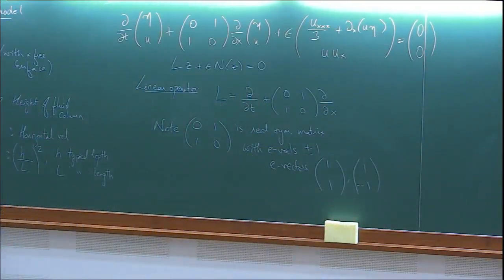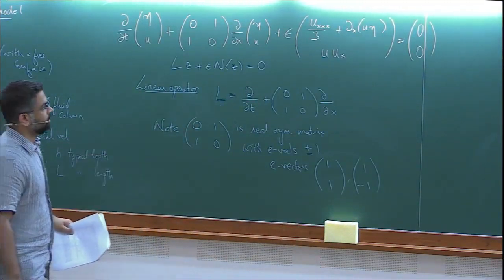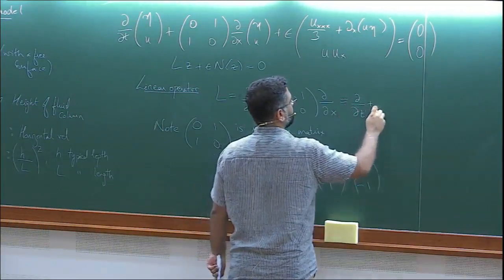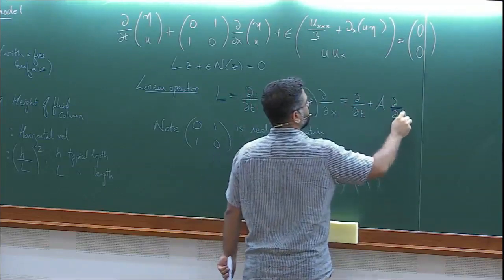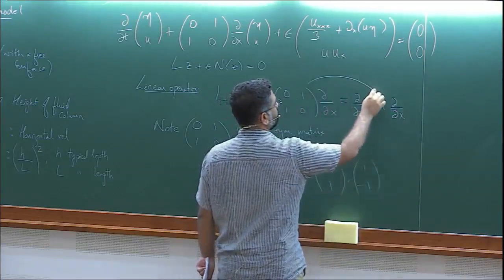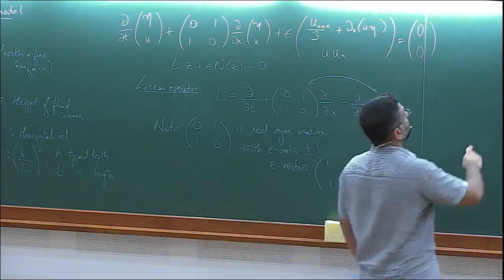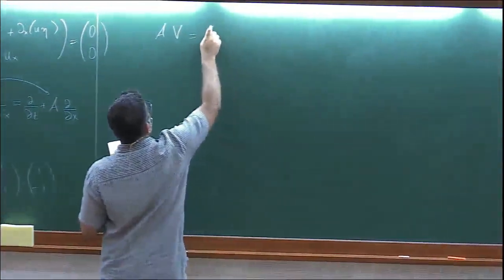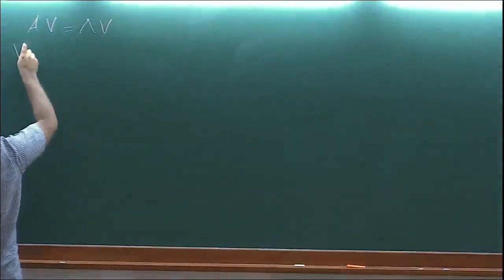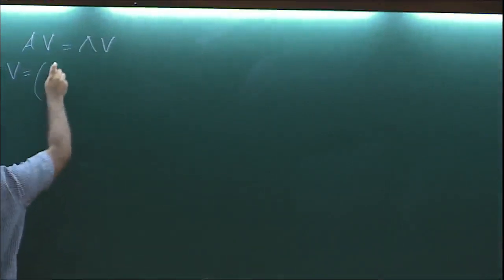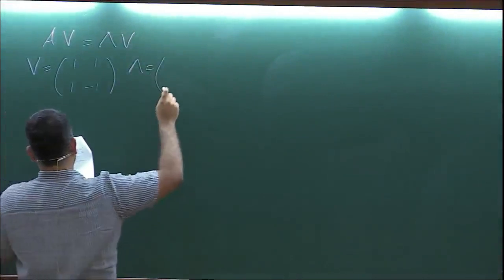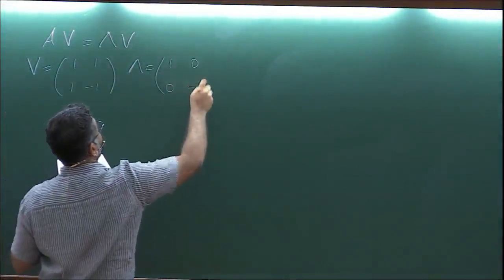I'll leave that for you to convince yourself that these are indeed the eigenvalues and the eigenvectors. So if I were to write this symbolically, where A is this, then I have AV is V lambda, where V is the eigenvector matrix, and lambda is the diagonal matrix with the eigenvalues.